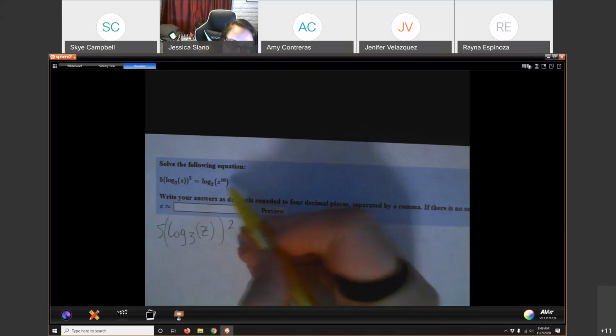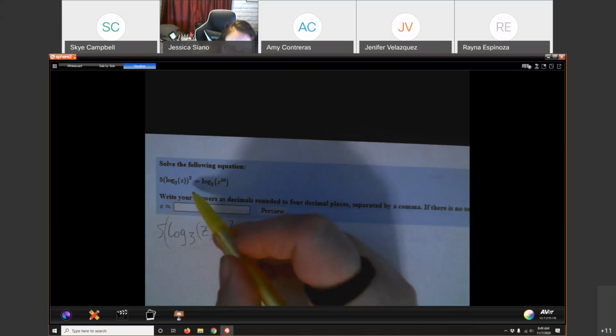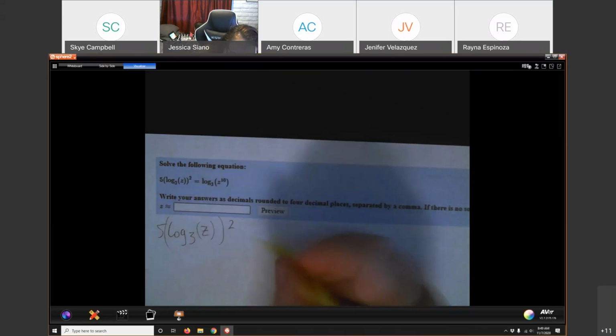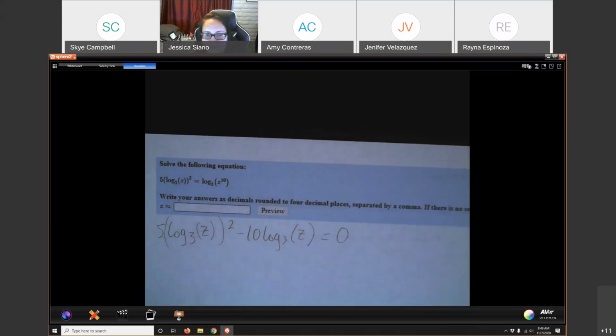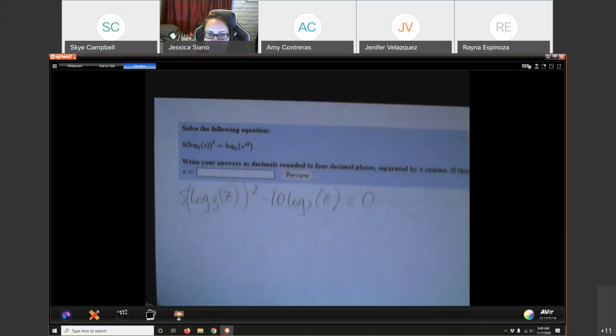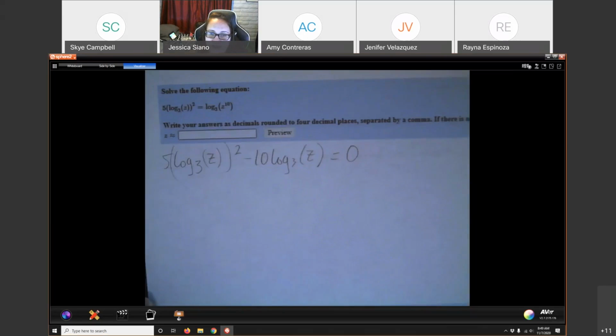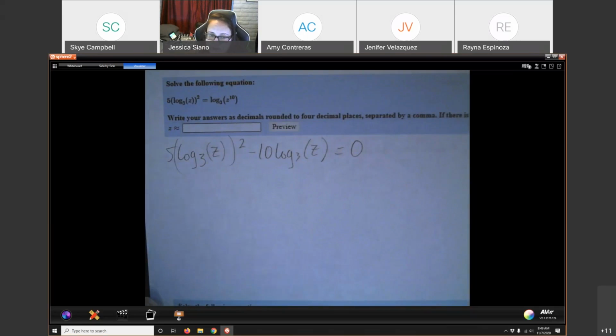I'm going to move this over to the other side and take the 10 out. Now there's a GCF here. They both have a log base 3 of z, and they both have a 5.